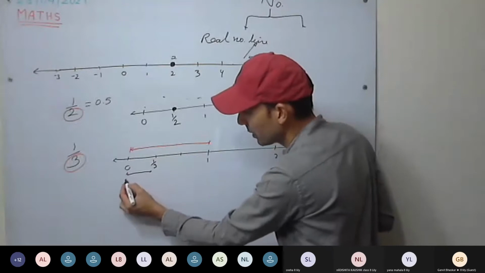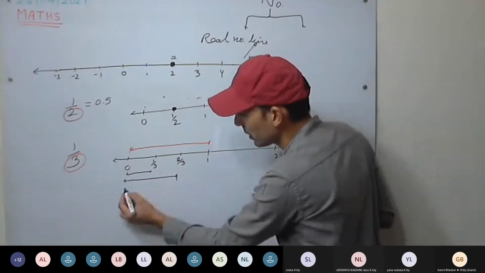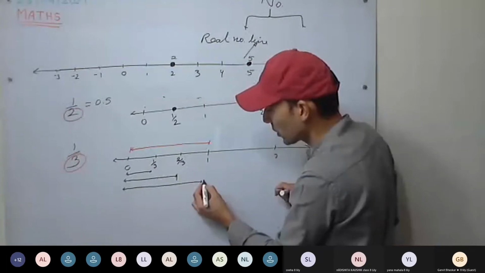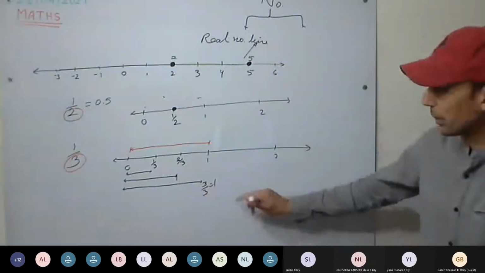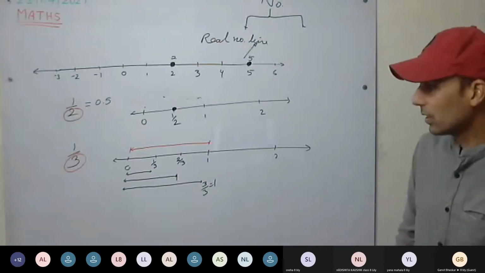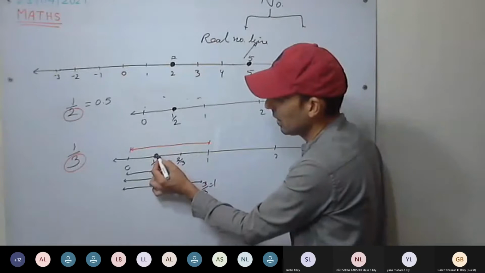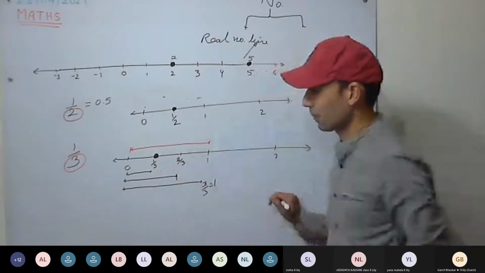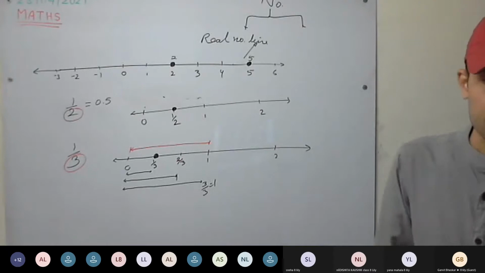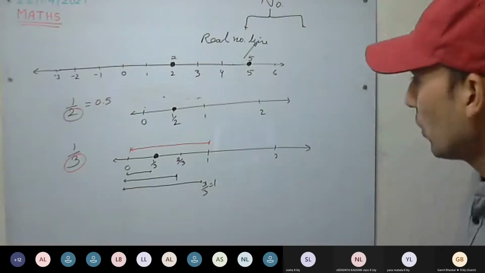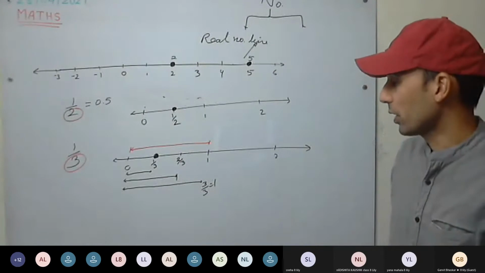And this will be 3 by 3, that is 1. 3 by 3 is 1. Understood? And what I have to mark? 1 by 3. So I'll make a circle and fill it at 1 by 3. So we have marked 1 by 3.